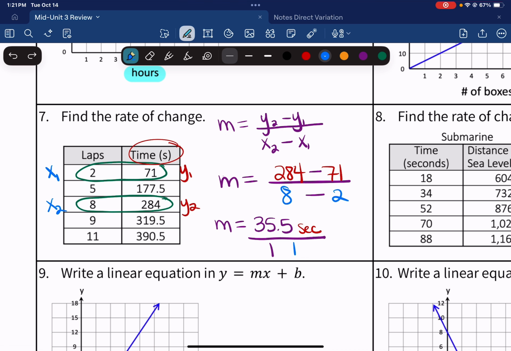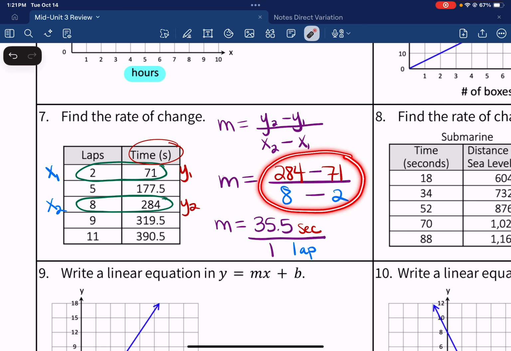So this number reduces down to 35.5, and we want to use our labels, seconds over laps. So 35.5 seconds, the fraction bar means per lap.